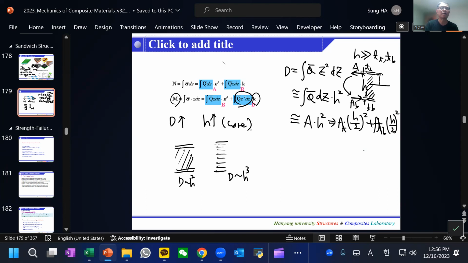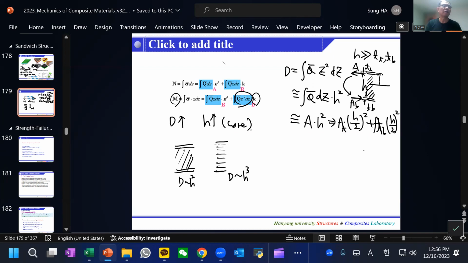Because Z, when we integrate, will no longer be constant on the right-hand side. Then the integration gives us H cubed. But still, as you can see with the core, the stiffness will increase with respect to the H scale, which is still a lot more effective.